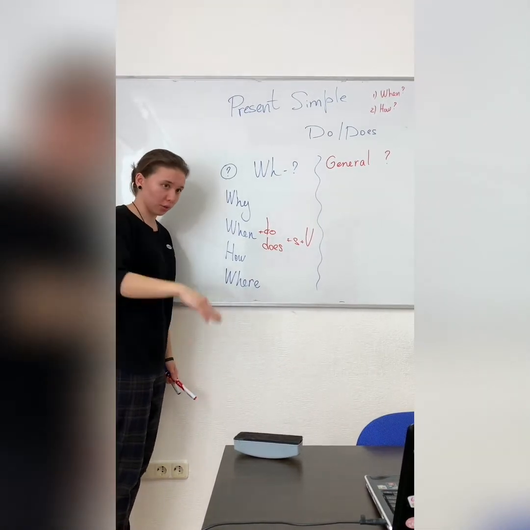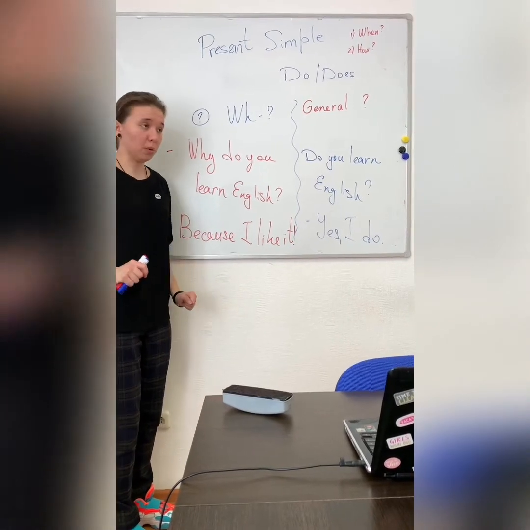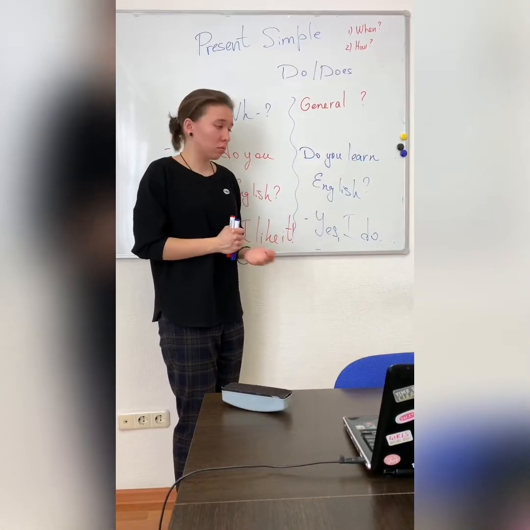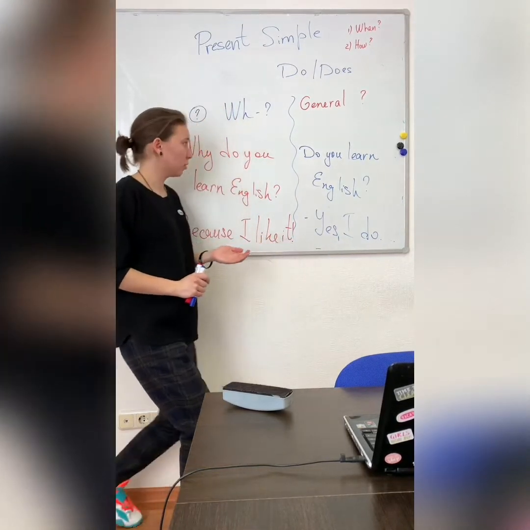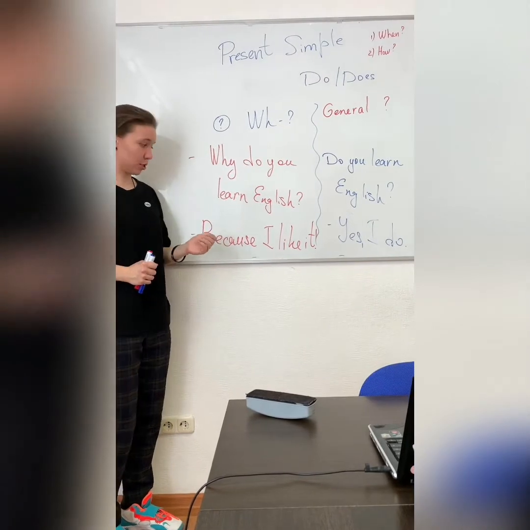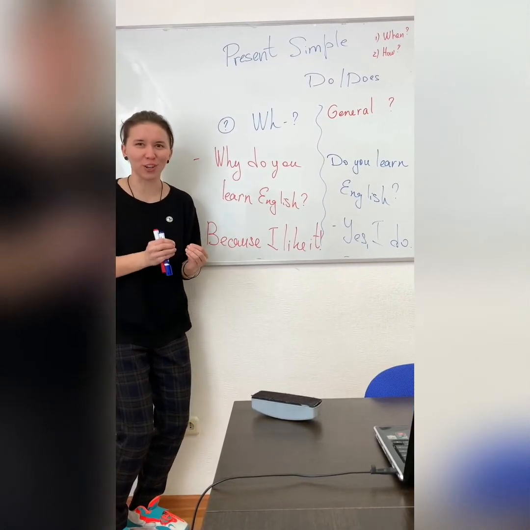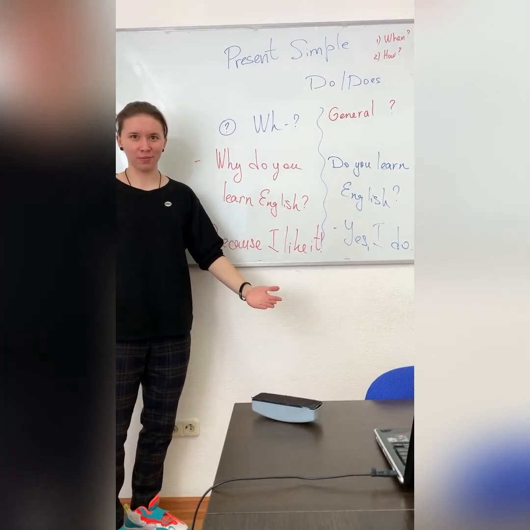Let's work out the simplest examples of it. Let's start with this one. Do you learn English? Yes, I do. No, I don't. And why do you learn English? Because I like it. See, over here we have this particular answer, and it makes our speech fuller and brighter.